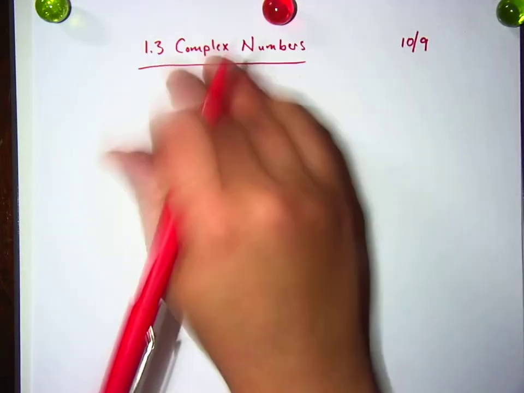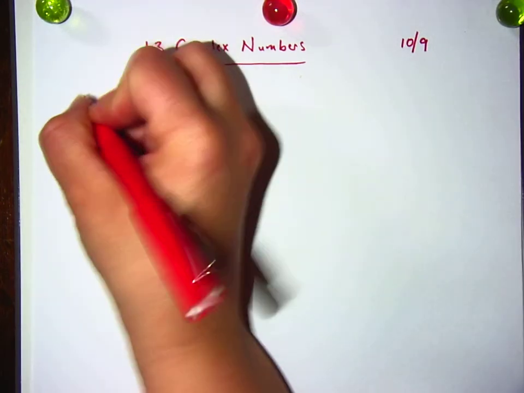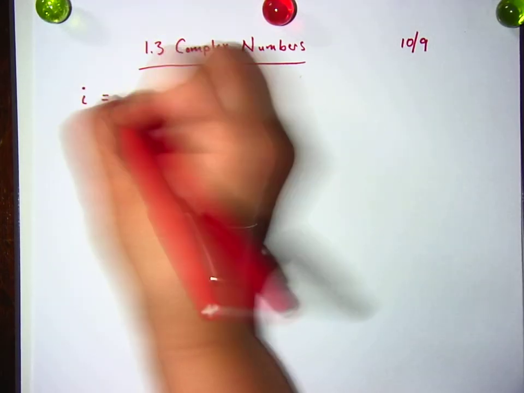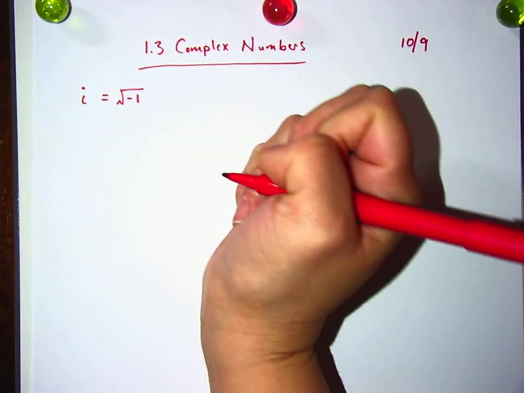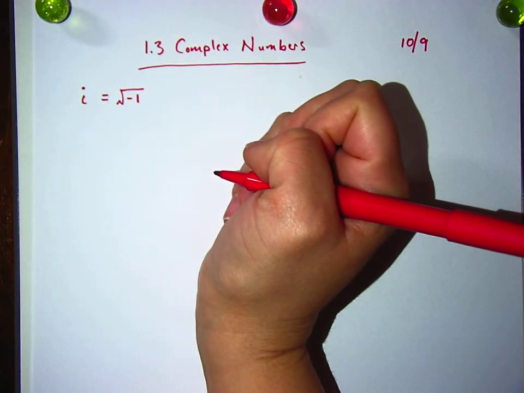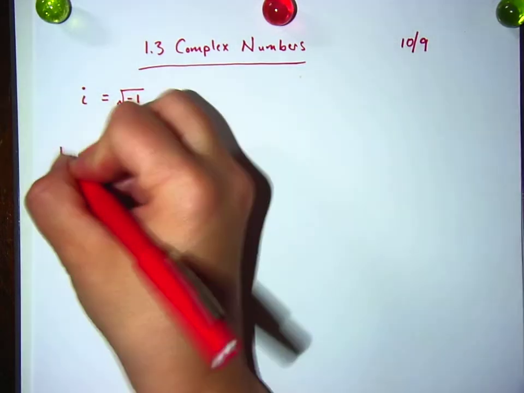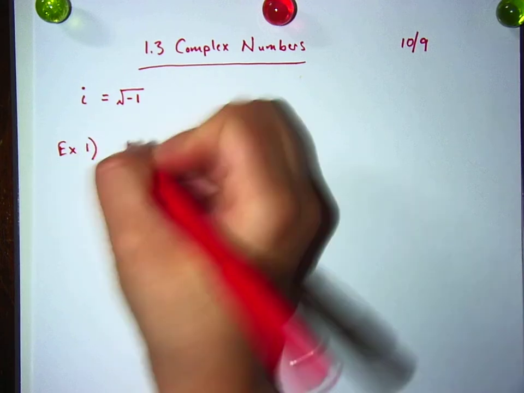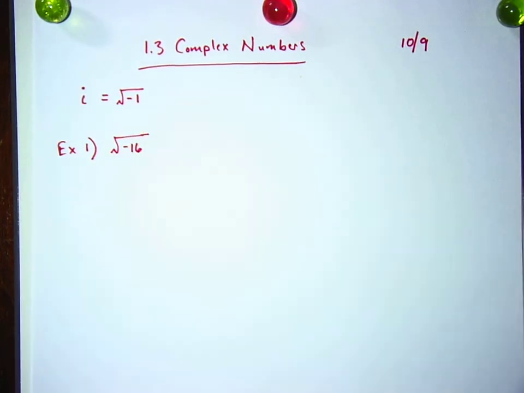So, complex numbers are numbers that have an i in them, and an i is the same thing as the square root of -1. Because if you have a square root of, let's say, -16, well, 16 is easy to take a square root of, that's just 4, but you can't take the square root of a negative number because there's nothing there that will multiply.